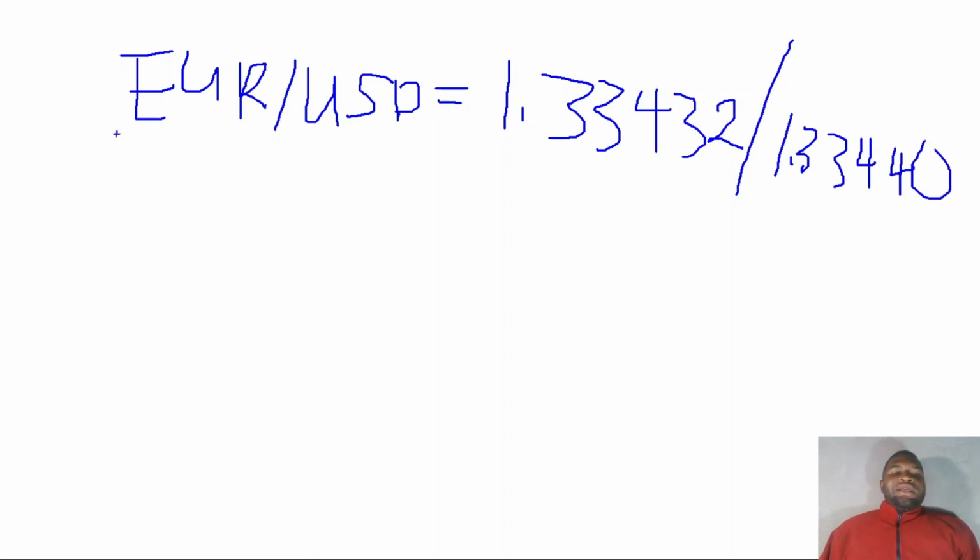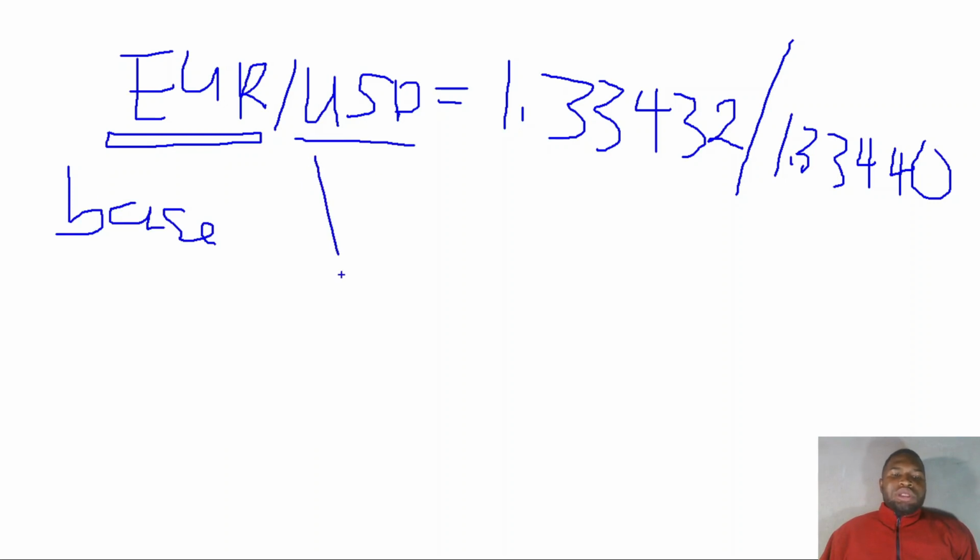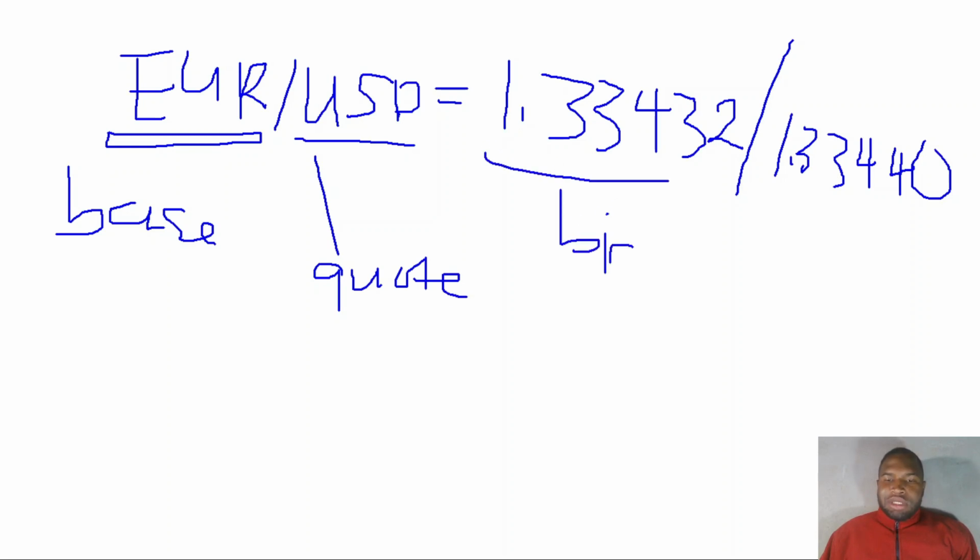Now, the first currency that is being quoted, which I was showing you on that chart, is called the base currency. The second one is called the quote currency, and this is called the bid price, and lastly this one is called the ask price.